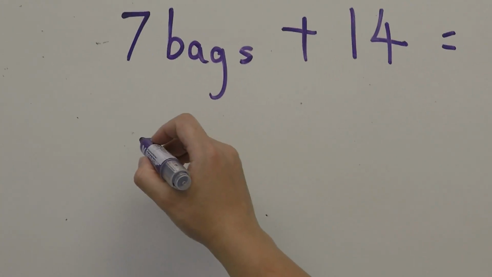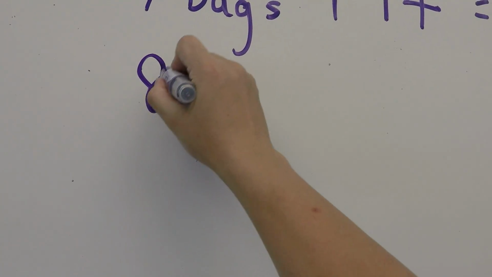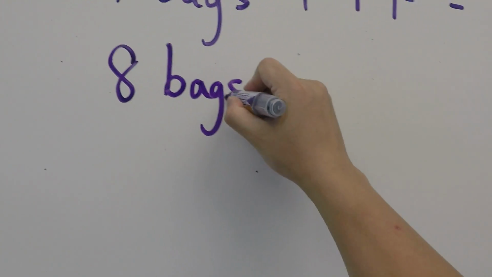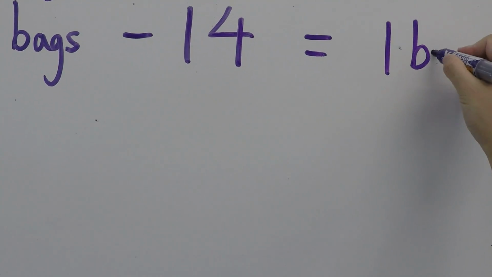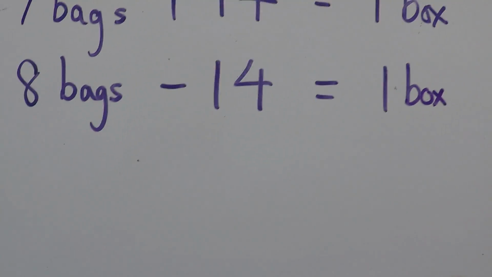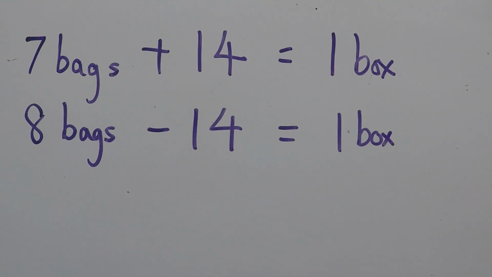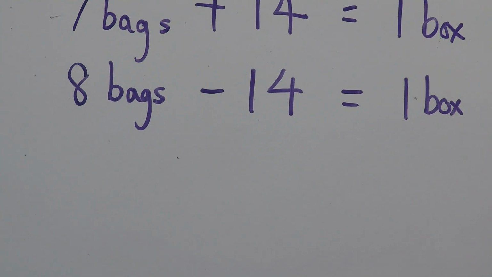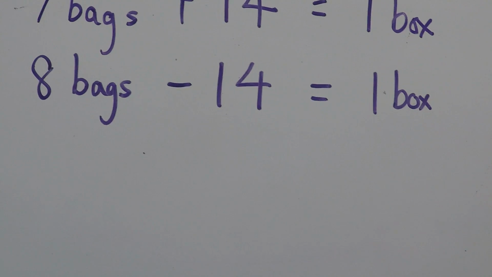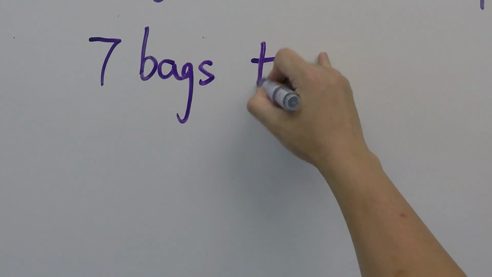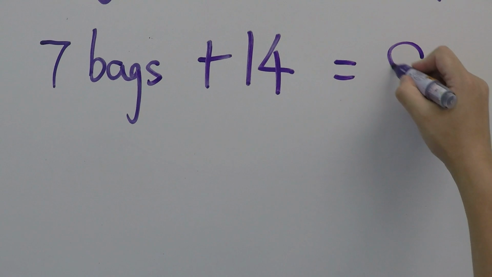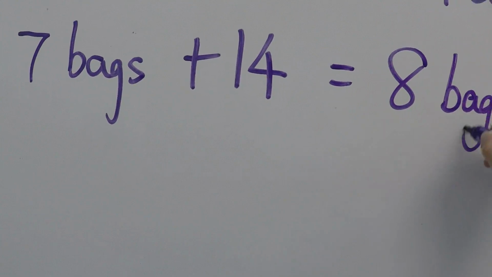And for Ben, 8 bags minus that 14 sweets must be equal to 1 box. Now, given that both are the same in number now, we have to equate the two equations together. 7 bags plus 14 must be equal to 8 bags minus 14.